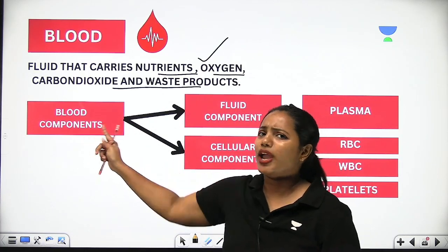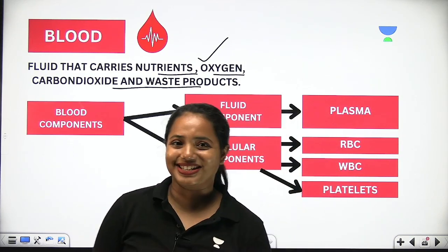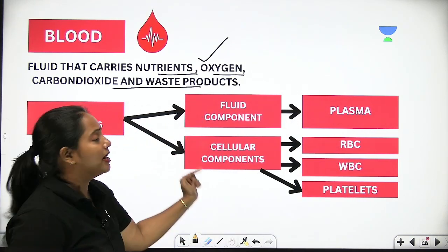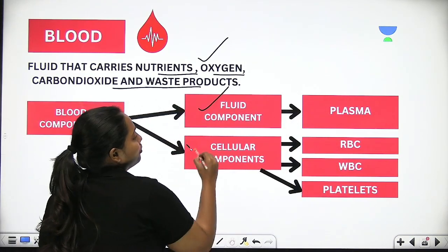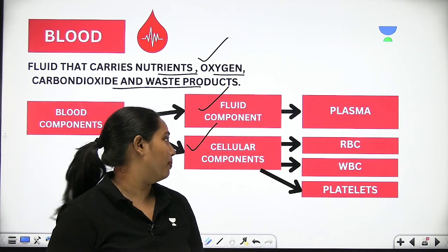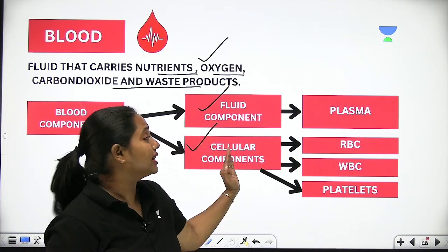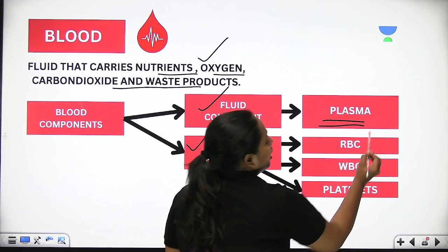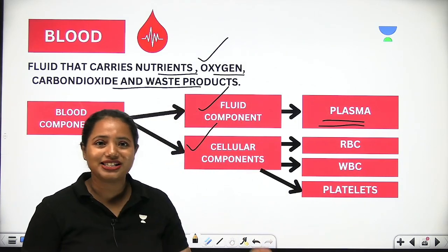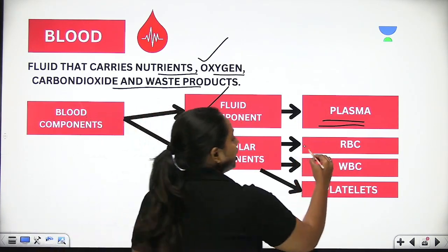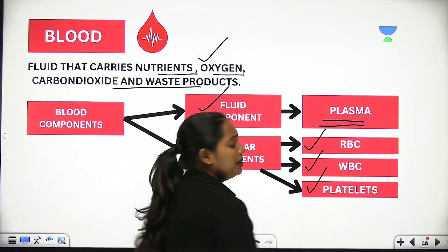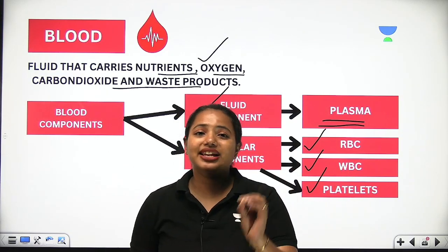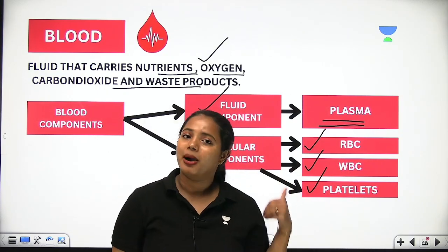Now we are going to talk about the basic components in blood. Blood consists of mainly 2 components. What are they? Fluid components and cellular components. The fluid component is plasma. When you talk about cellular components, there are mainly 3. What are they? RBC, WBC and platelets. These are considered the various cellular components of blood.